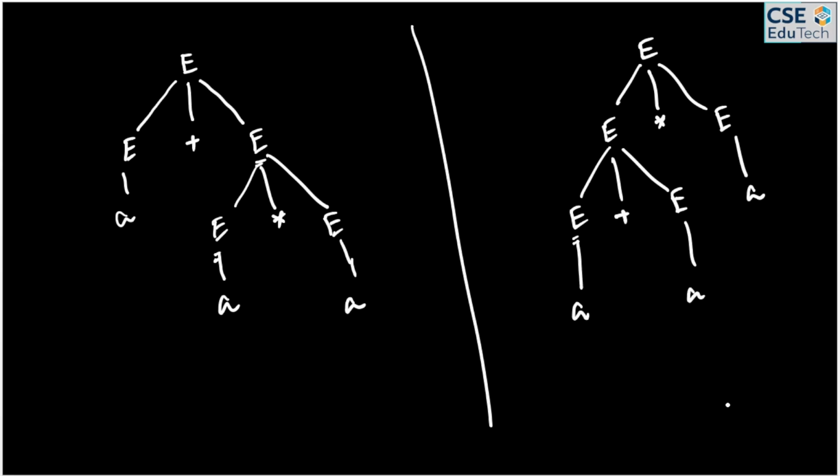Okay. Now suppose the value of A is 2. If we put this value 2 at the leaf nodes, here also it is 2 and 2. Now we proceed with the bottom up approach.